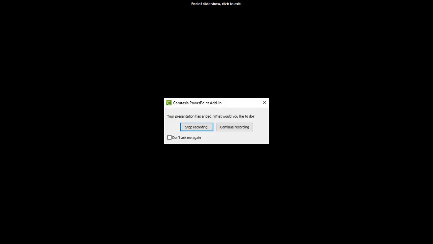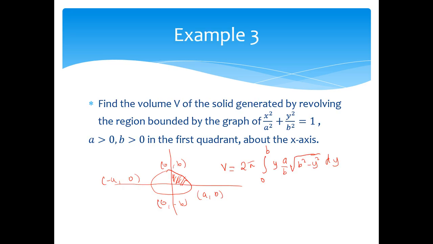And then now we are going to use the u substitution method. We're going to say u is equal to b squared minus y squared.